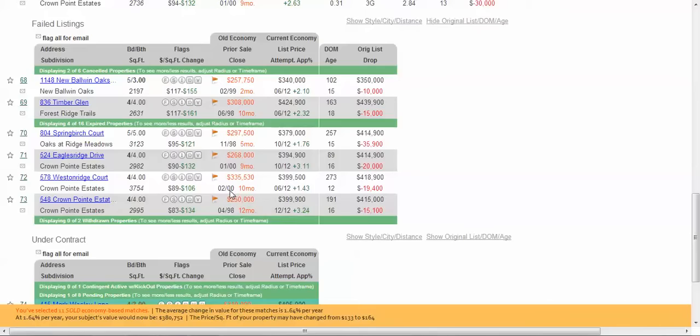And they have owned the property since the year 2000, and I'm recording this in the year 2013. You can see that for 13 years, they paid $335, they paid $399. They can't even get what the average is as far as growth.